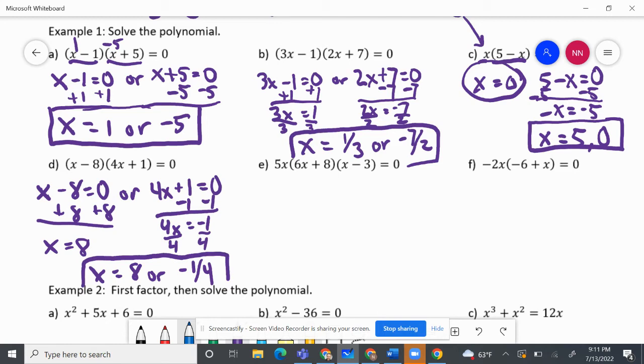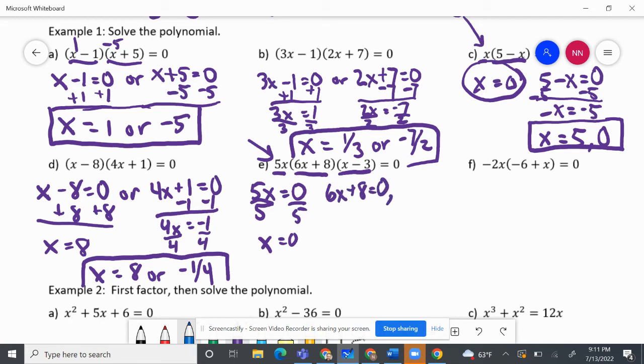Now, letter E, this one right here, what we notice is that we have three different polynomials: a monomial, a binomial, and another binomial. Now, once again, monomials are always the same. It's always going to be 0. The binomial, we have 6x plus 8 is equal to 0.